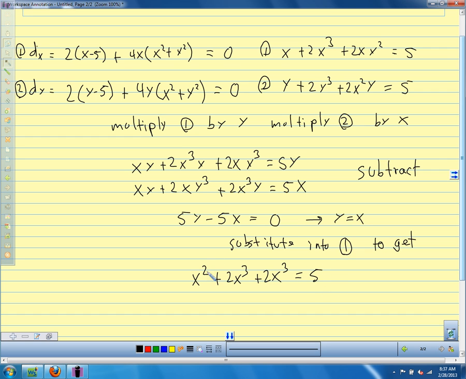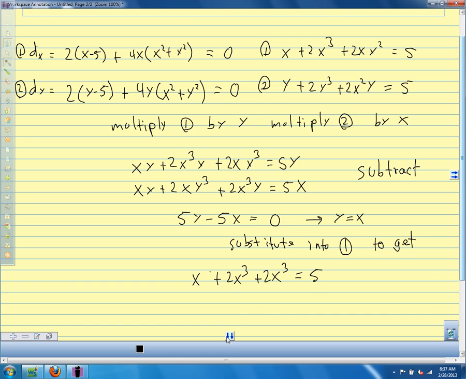Oh, sorry, this should not be an x squared. So I'm substituting y equals x into this equation. Thank you. So we get this equation, and now we can solve this one for x.